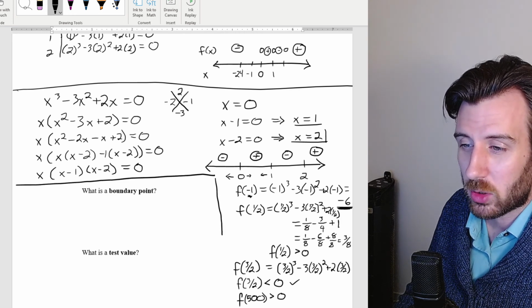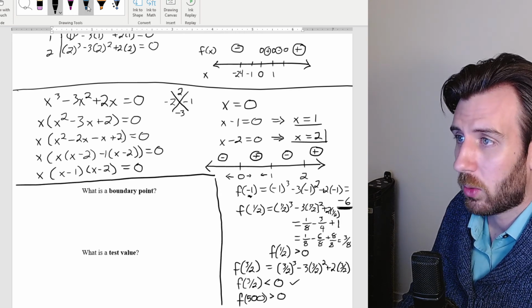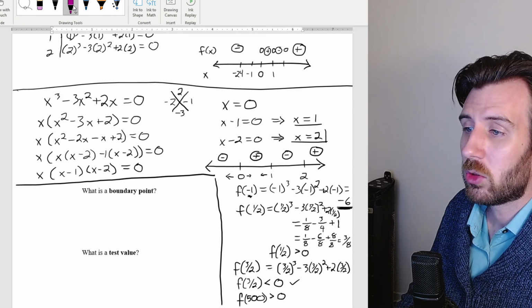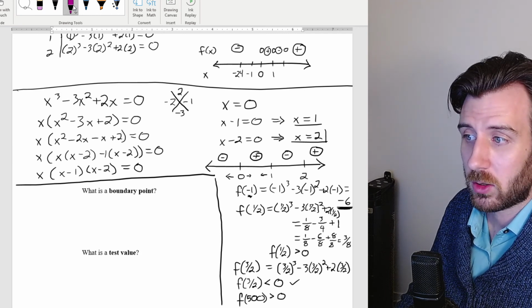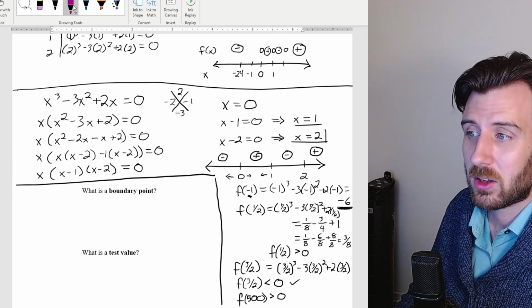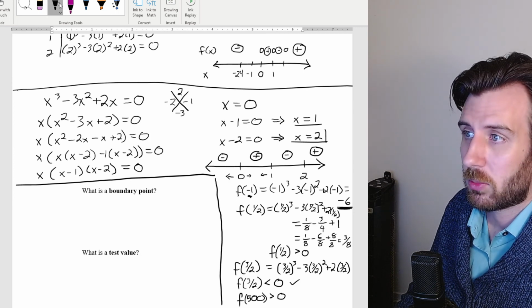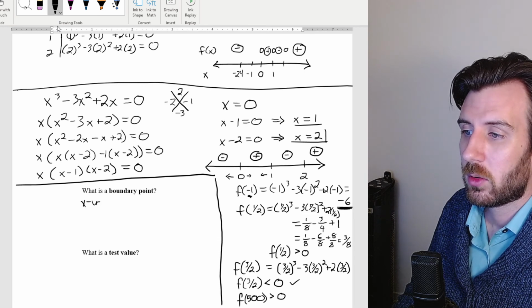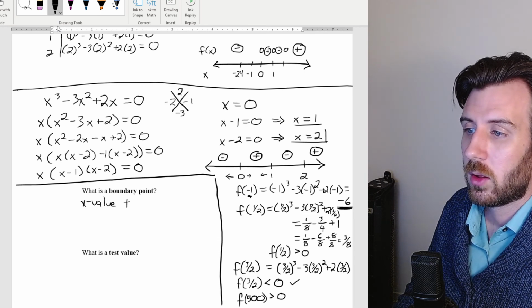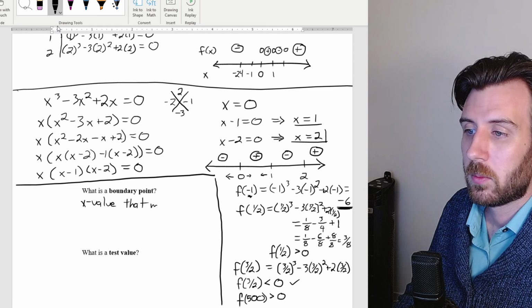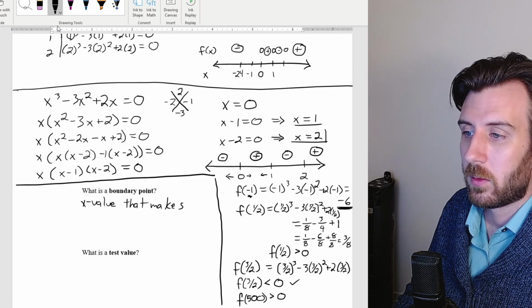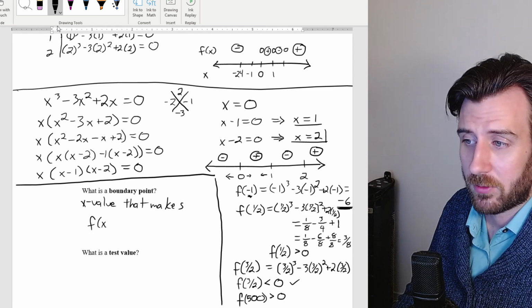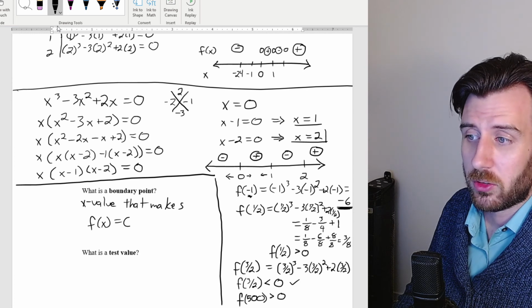We'll abstract this out to a couple of different steps. So step one, what was it that we did? Step one was we looked for all of the boundary points. Okay, so that was something we did through factoring. So boundary points, we can write down here, what is a boundary point? It is an x value that makes f of x, whatever we want to call f of x, equal to 0.